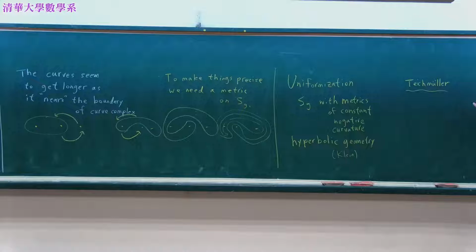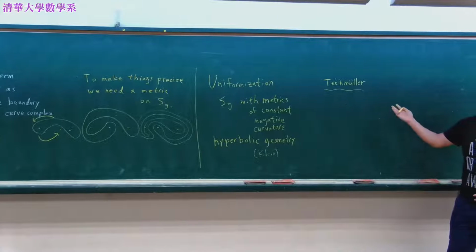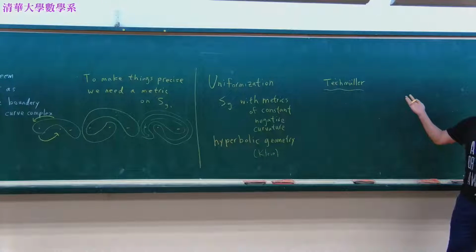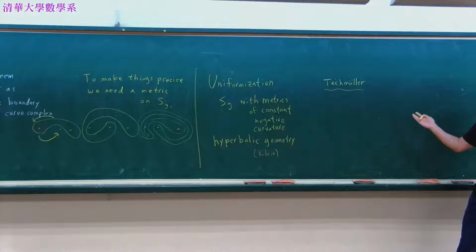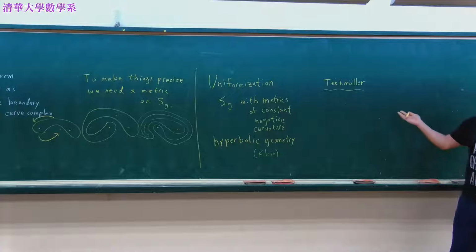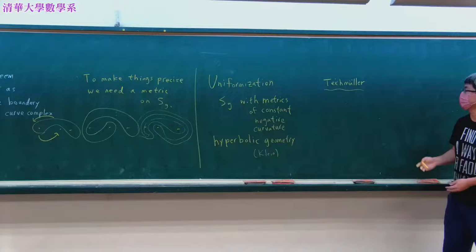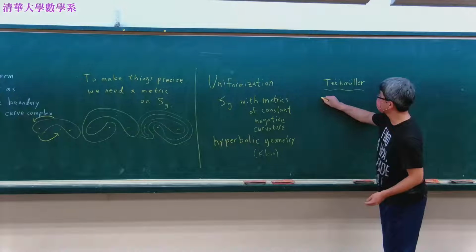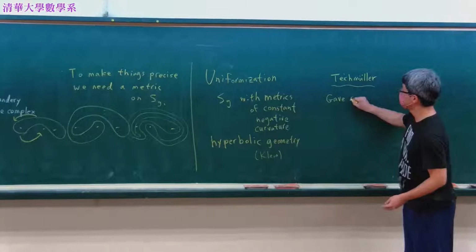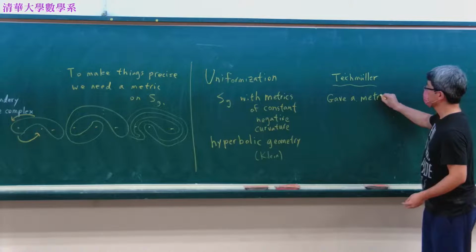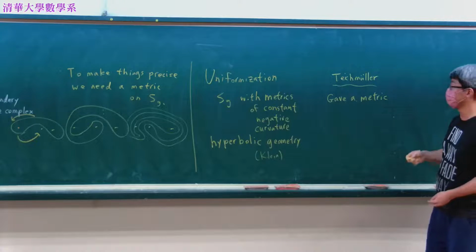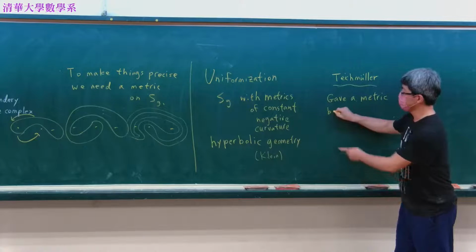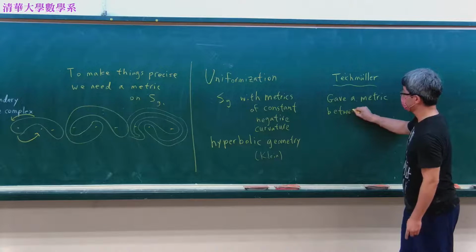First of all, Teichmüller is a German mathematician who's actually a Nazi, and he died on the battlefield due to World War II, fighting for the wrong side. But that's a story for historians. But anyway, Teichmüller gave a metric, which is still to this day called the Teichmüller metric, between hyperbolic surfaces.